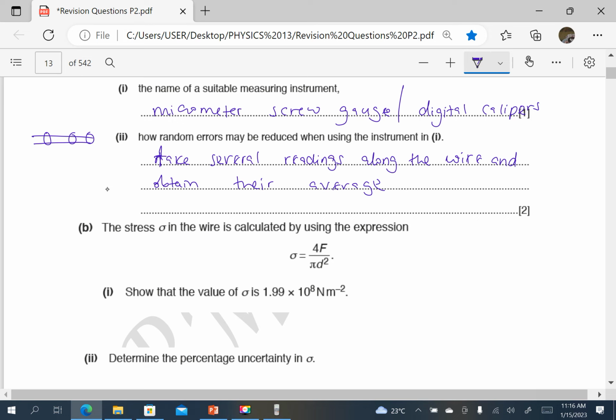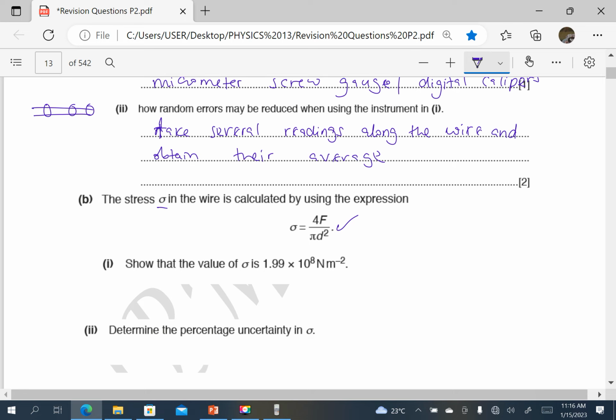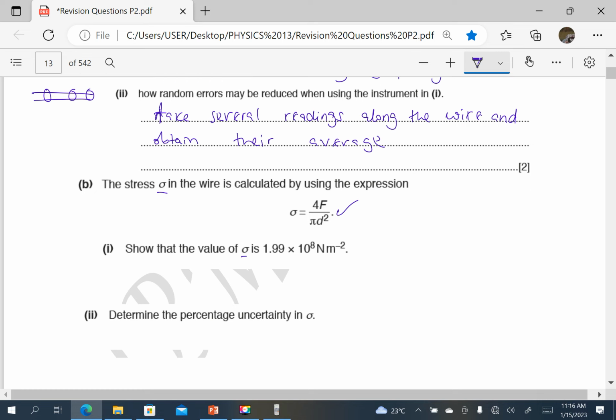The stress sigma in the wire is calculated using this expression. Show that the value of sigma or stress is 1.99. So just substitute.